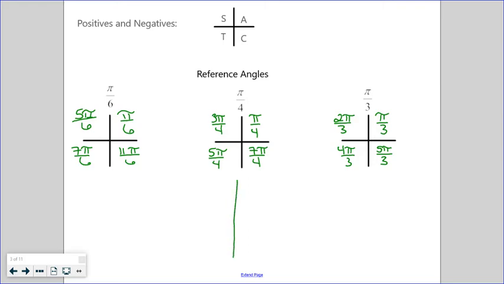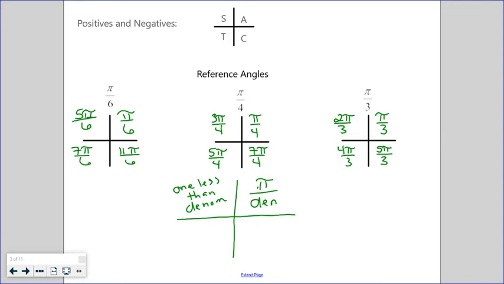Generically speaking, it's just going to be pi over your denominator in quadrant 1. In quadrant 2, and this is just generically speaking, your numerator is going to be 1 less than your denominator.